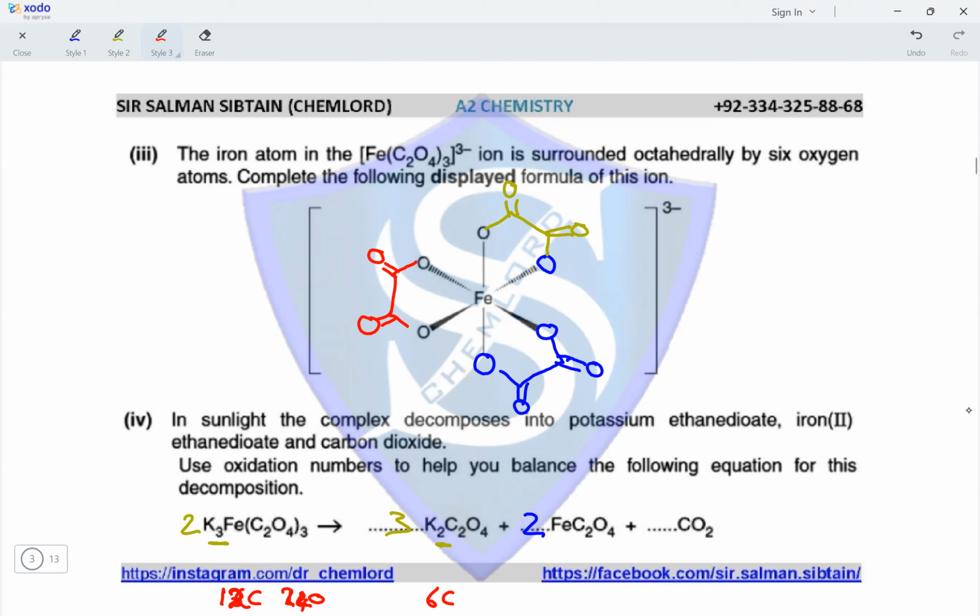Balancing on the right, 3 twos are 6, 4 threes are 12 over here. Then we've got 2 twos are 4 carbon and 4 twos are 8 oxygen here. The remaining carbon is 6 and 4, 10, 2 carbon. And we are left with oxygen out of 24, 12 and 8 is 20. We're left with 4 oxygen. Therefore, we place 2 before carbon dioxide in order to balance this equation.